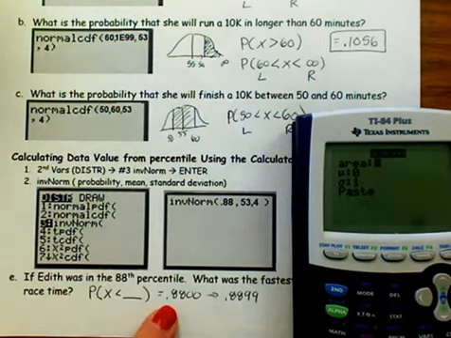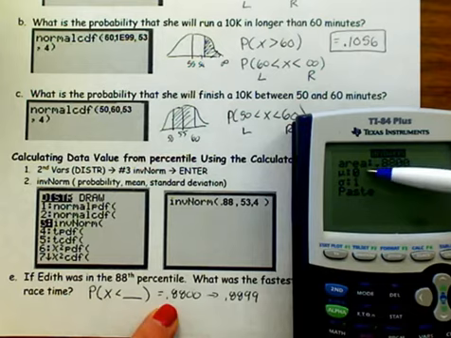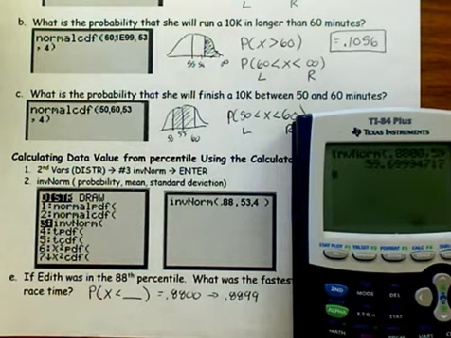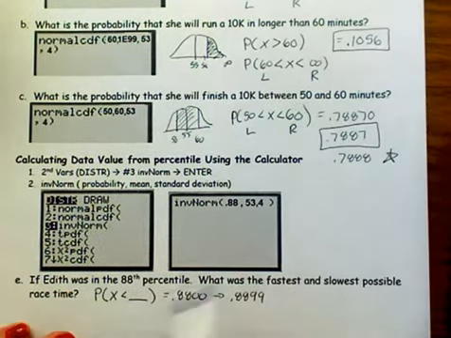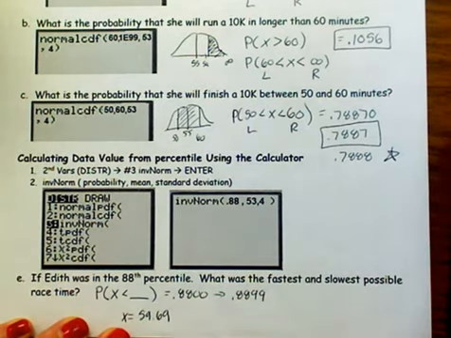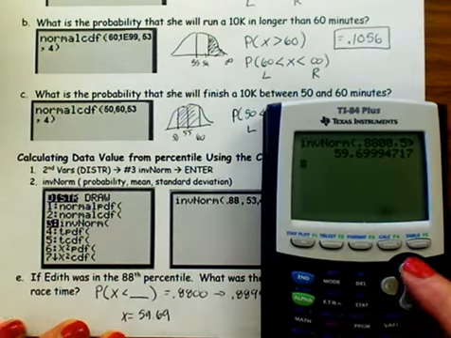So area. The area was 0.8800. Now, I don't want a z-score. I want my data numbers. So I'm going to go 55 and 4. 59.69. Now I'm going to try for the maximum.